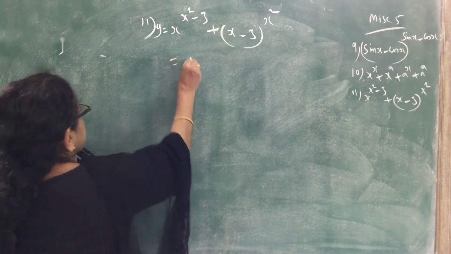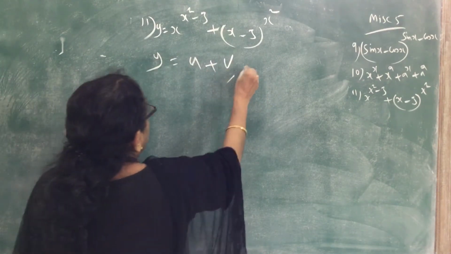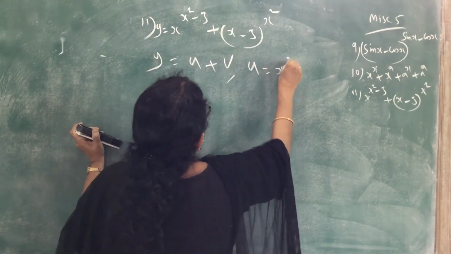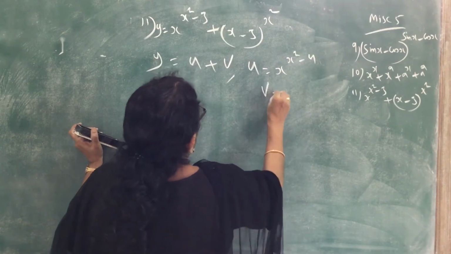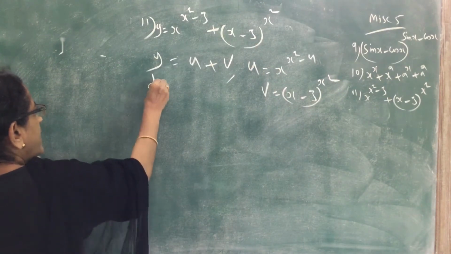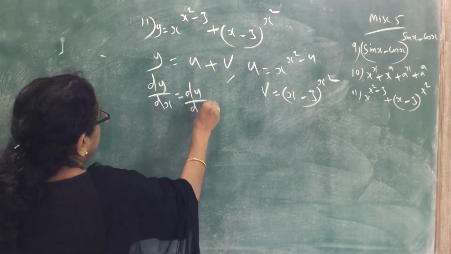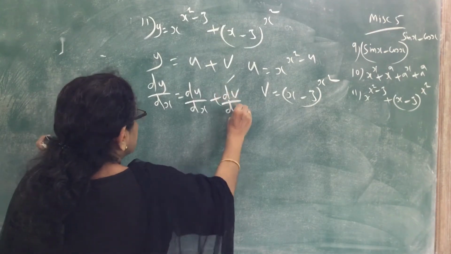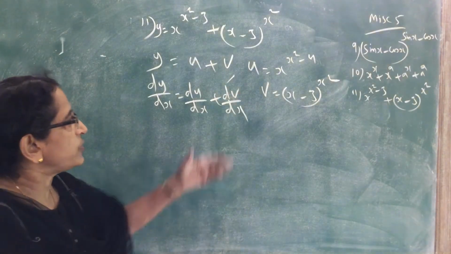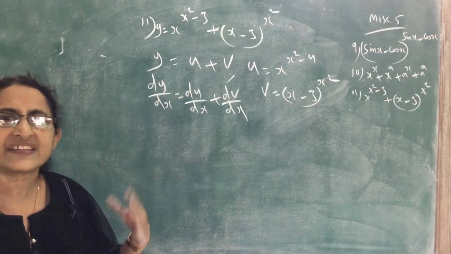So we take u plus v. y equals u plus v, where u equals x raised to x square minus 3, and v equals x minus 3 whole square raised to x square. So separately, what is dy by dx? We want to find dy by dx. That is the same as du by dx plus dv by dx. So the only thing we have to do is, from u and v, find du by dx and dv by dx, then substitute them.